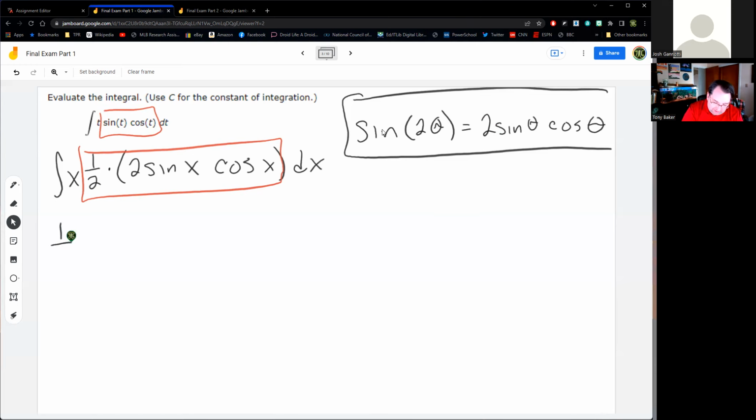So my new integral is x sine 2x. Sometimes to make your integrations a little easier, you have to modify the problem a little bit. And that's what you're going to see in the first two problems that we're going to do.